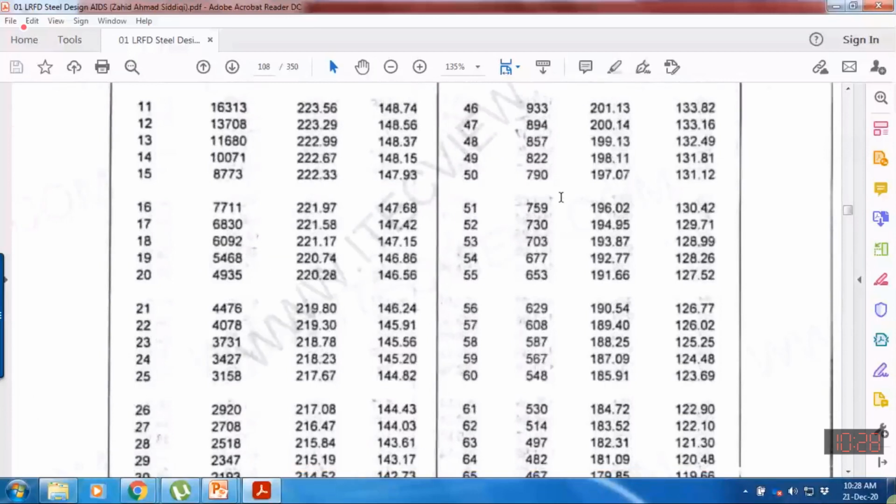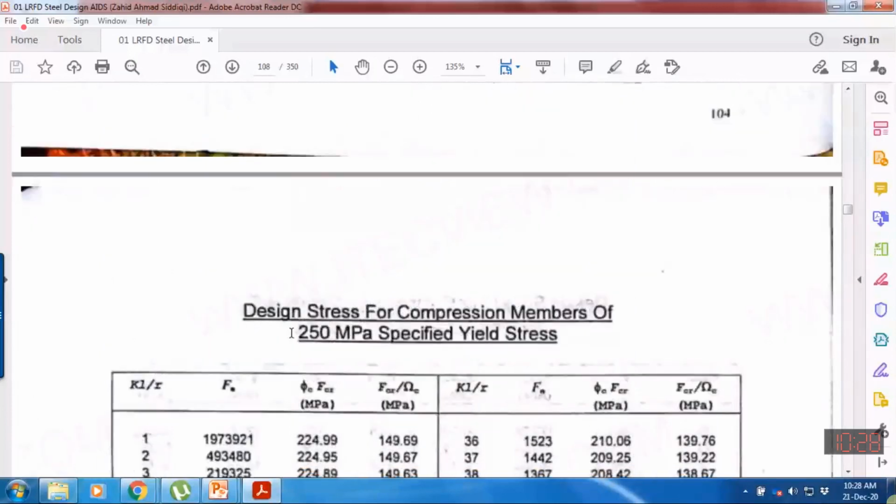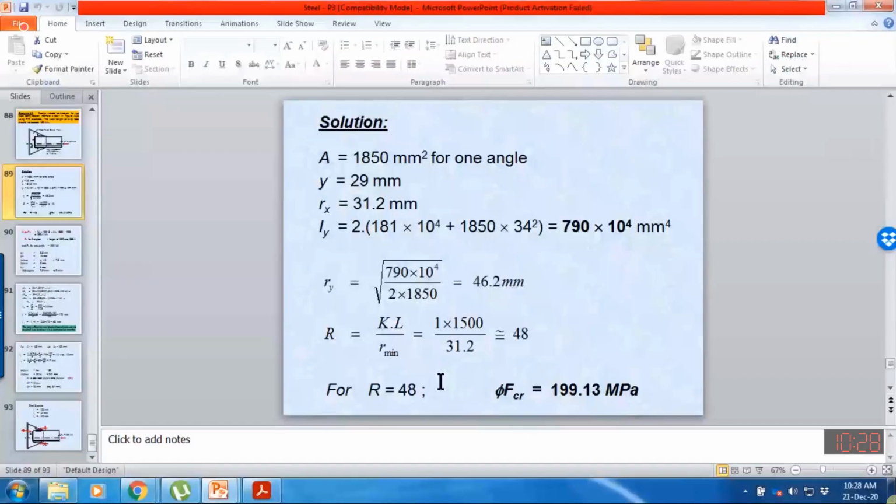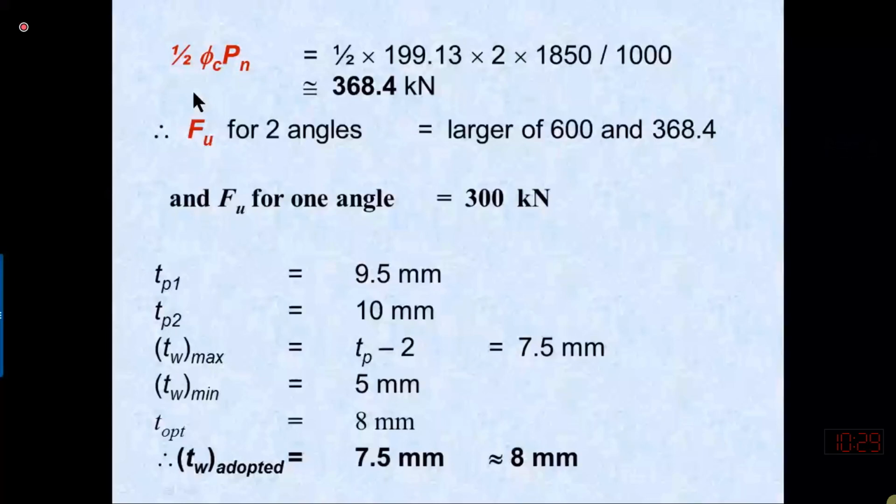So design weld force for two angles is the larger value out of PU, which is 600, which is given here. Factored applied compressive force for 50% capacity. So factored force is more, 600. So FU will be 600.